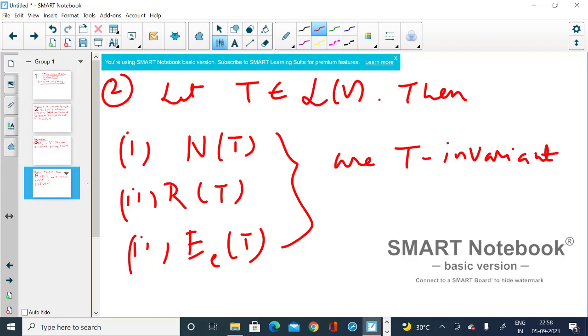For example, if you want to check the null space is T-invariant, you need to check that for any element of the null space, T of that element is also inside the null space. And that is obvious, right? So let me give a proof.